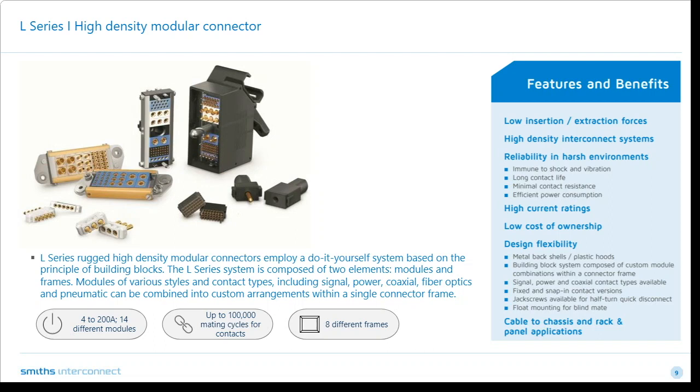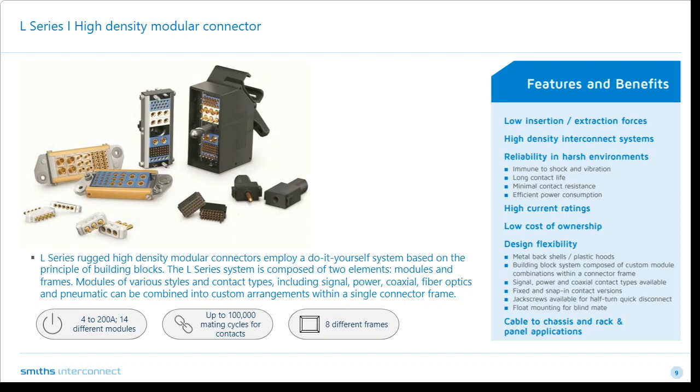High current rating, then you've got the low cost of ownership overall, which is central to our design philosophy, and design with flexibility, because what is quite critical to this particular design process is the metal back shell. The hood that you can see can come in either metal or plastic.